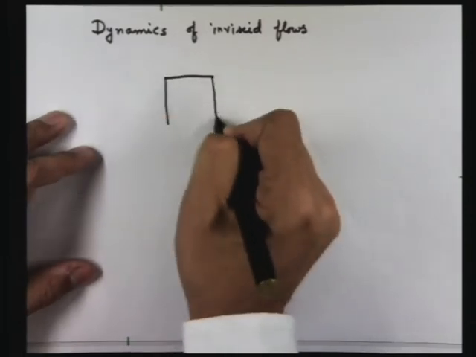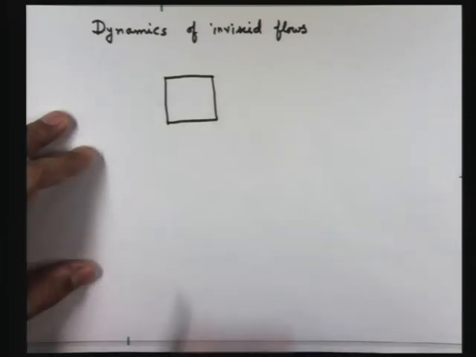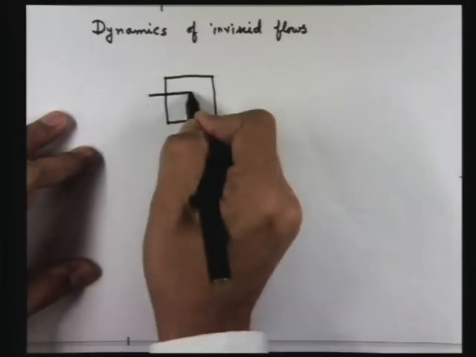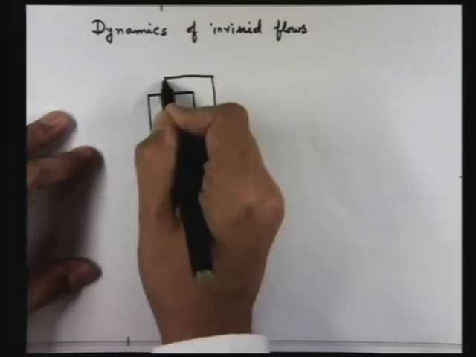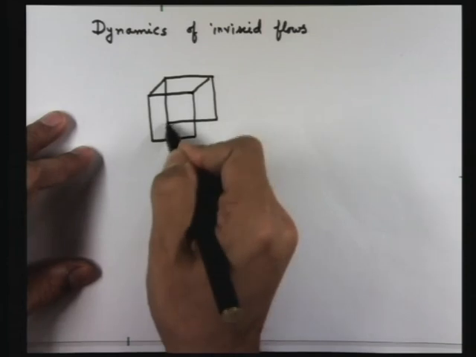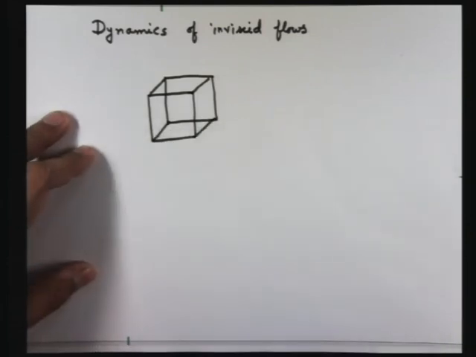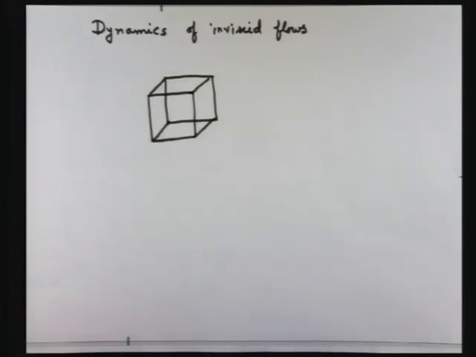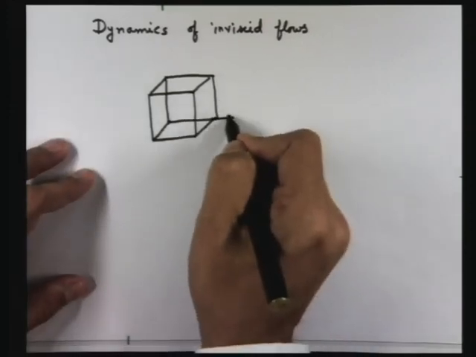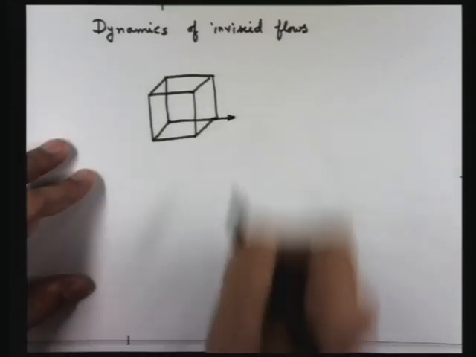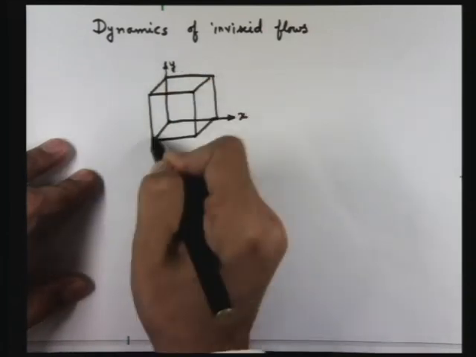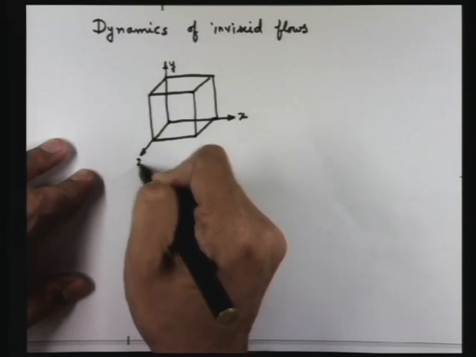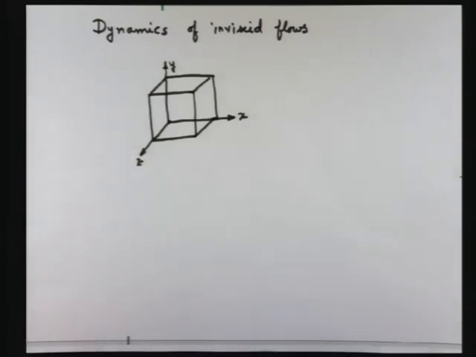So let us say that we have a fluid element like this, and this fluid element has dimensions of delta x, delta y and delta z along x, y and z.